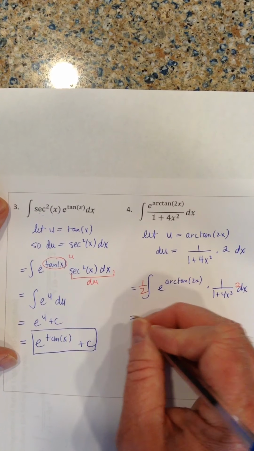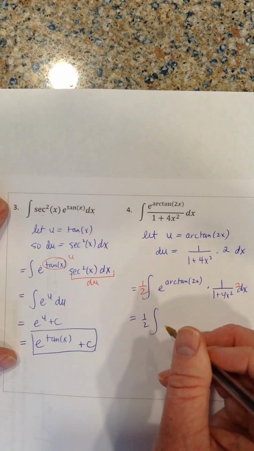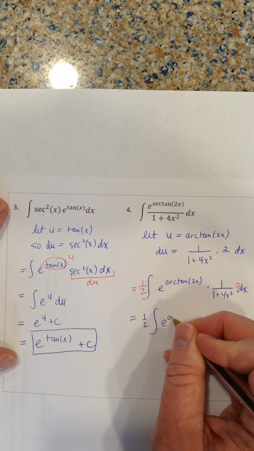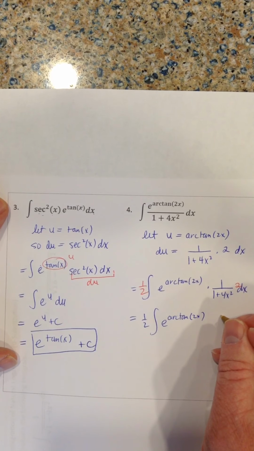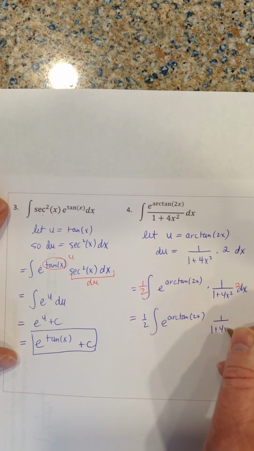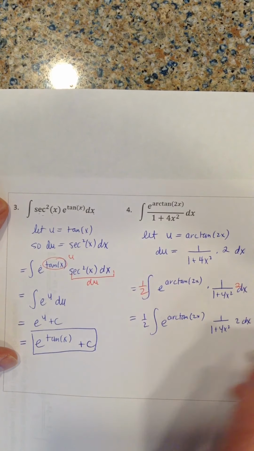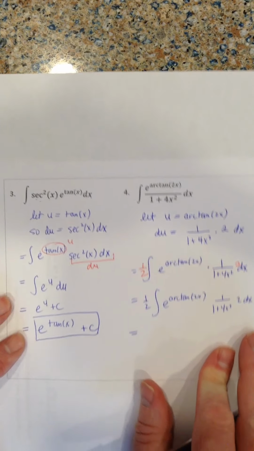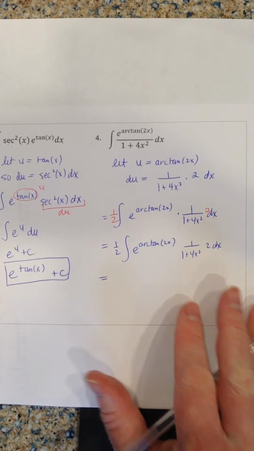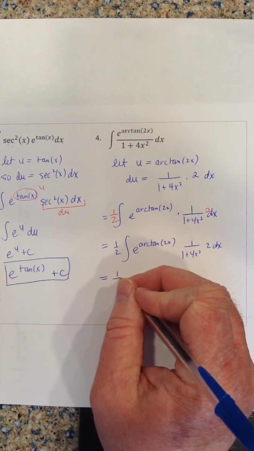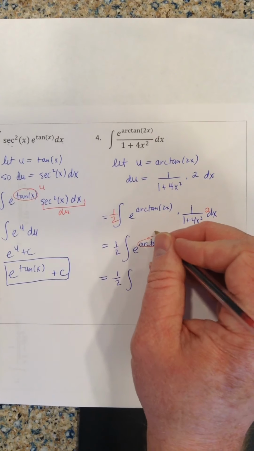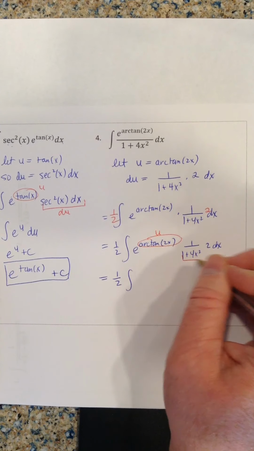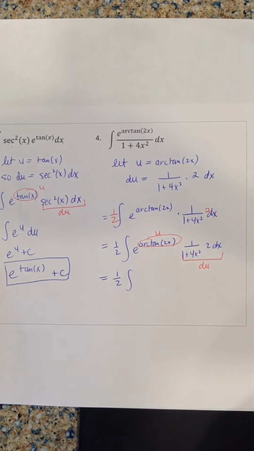So I can rewrite that as 1/2 the integral of e to the arc tangent of 2x times 1 over 1 plus 4x squared times 2 dx. And there's other ways you can rewrite that. So I get 1/2, you know, this here is my u, and this whole thing here is my du.